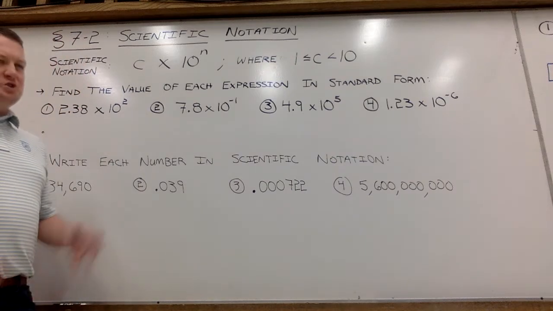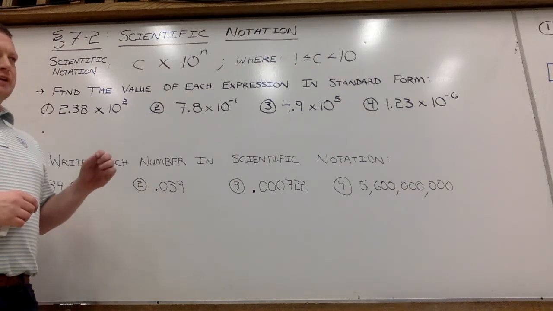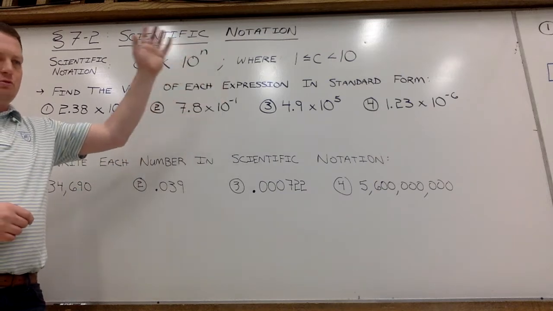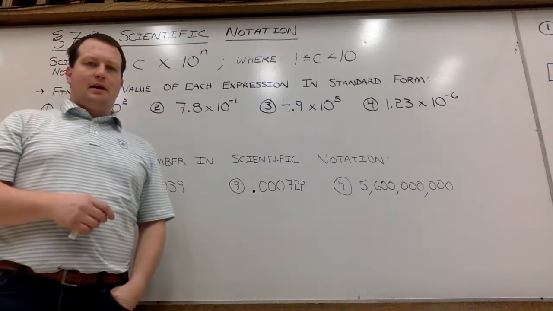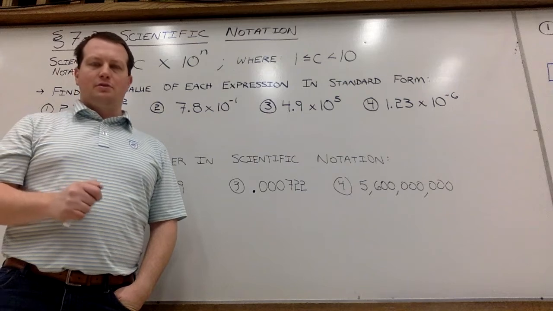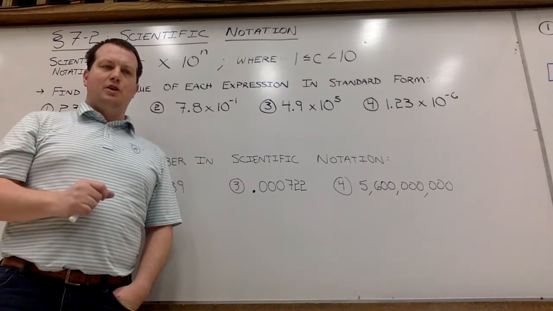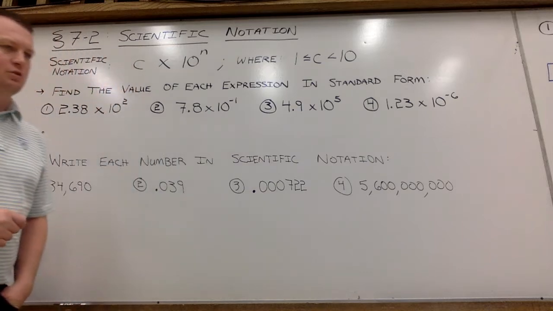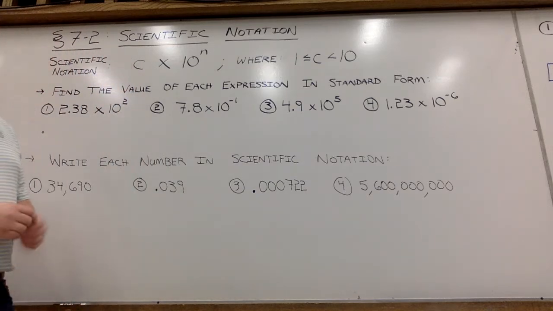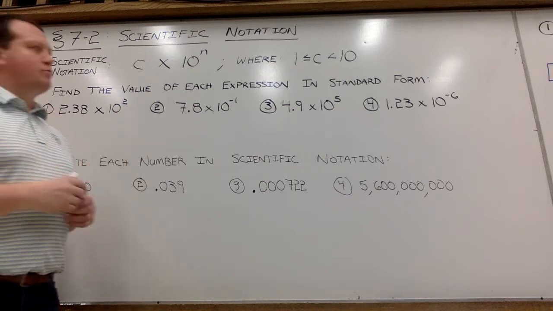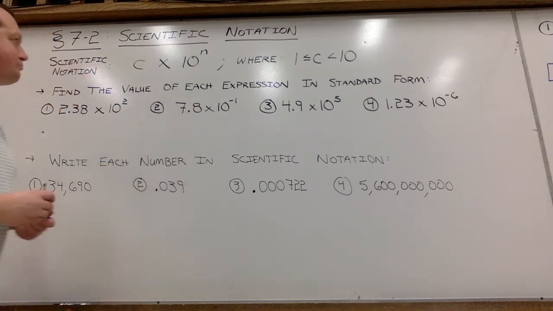Also, if you have a really small number, like a decimal that's like 0.0000, the weight of a molecule or something of that nature, a minute measurement, you can also use scientific notation to write that number so it doesn't take up so much room on your sheet of paper.